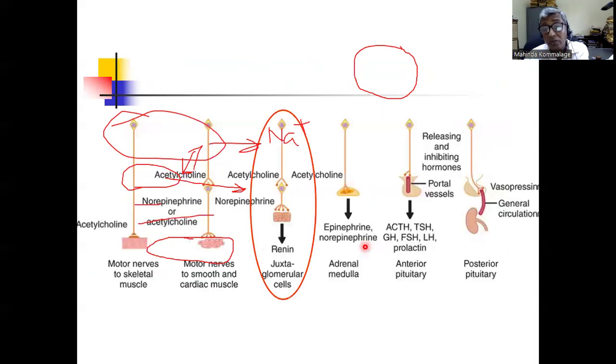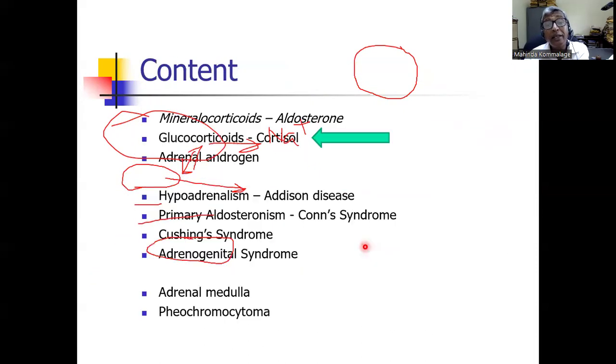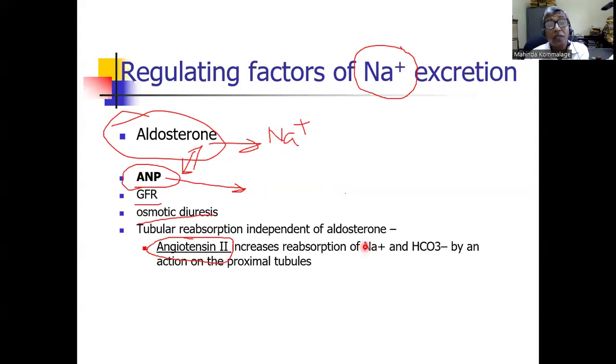But angiotensin 2 can also directly act on renal tubules and reabsorb sodium in the proximal tubule. Remember that. Other than that, angiotensin will act through aldosterone to reabsorb sodium in the collecting duct of the renal tubule. Right. So these are the mechanisms to control sodium concentration in the body.